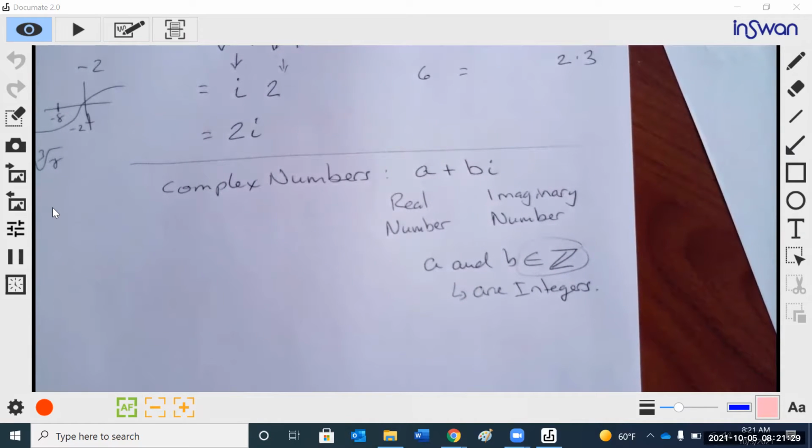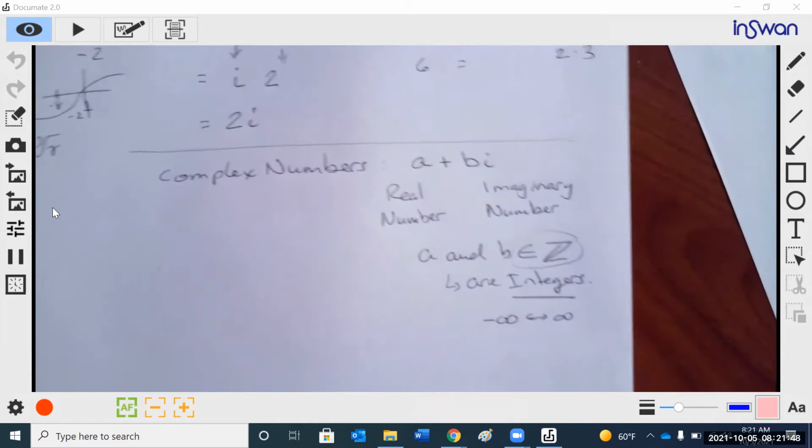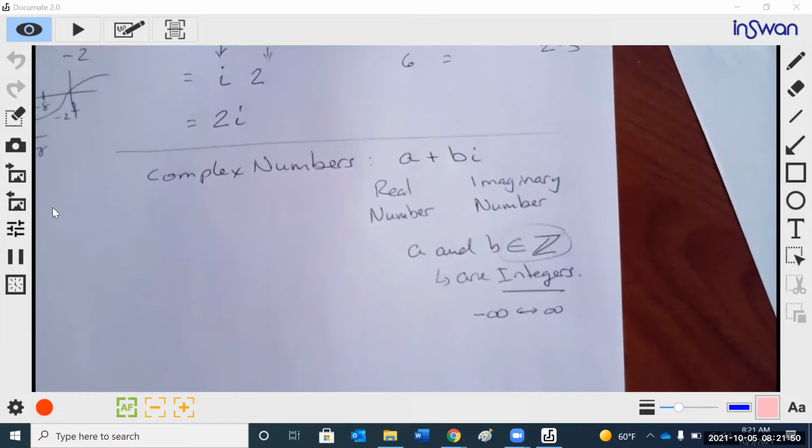What's an integer? An integer is anything from negative infinity to positive infinity, number-wise, no decimals. -10, -5, -1, 0, 1, 5, 10.